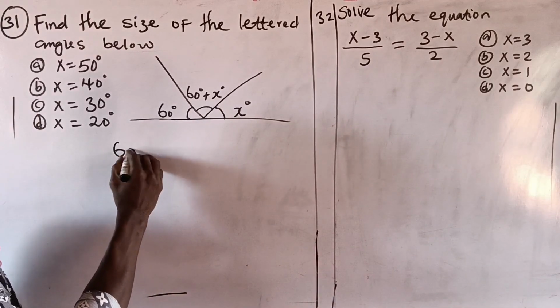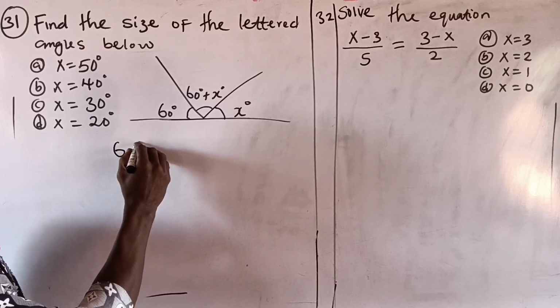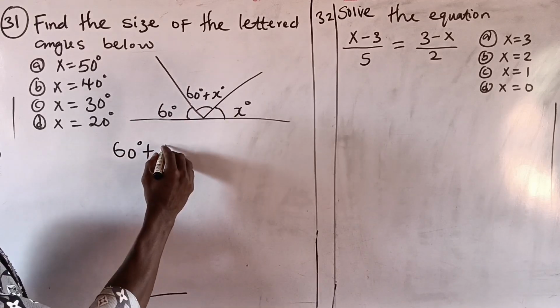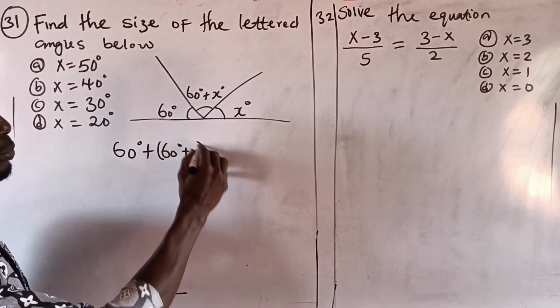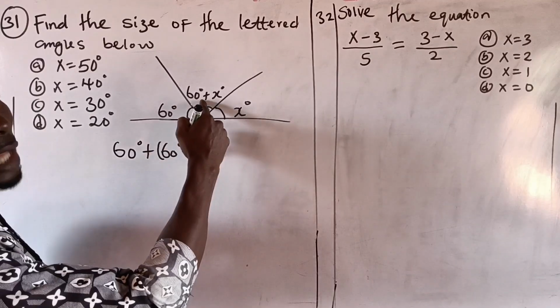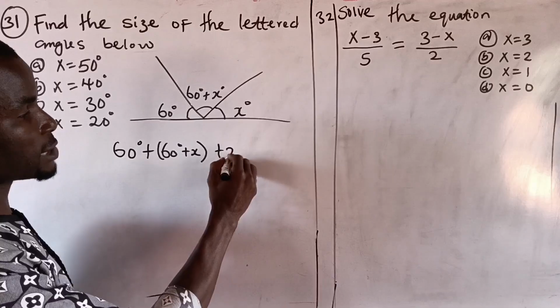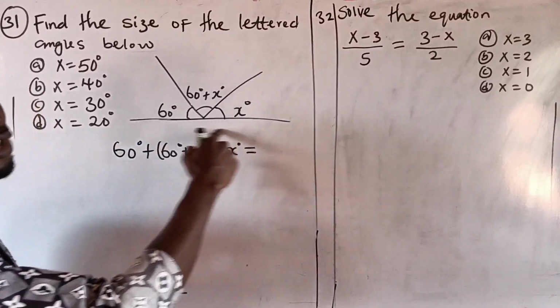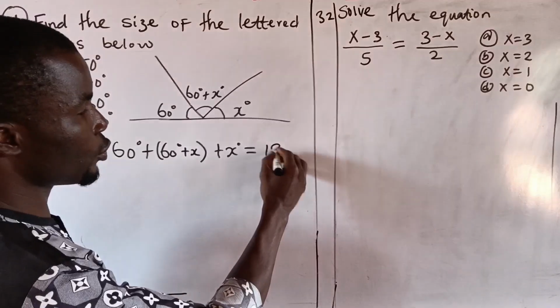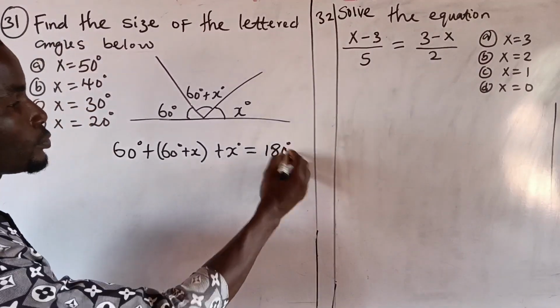So we have 60 degrees plus 60 degrees plus x. We put it in brackets because they are together, plus x degrees equals to, don't forget, the sum of a straight line angle is equal to 180 degrees.